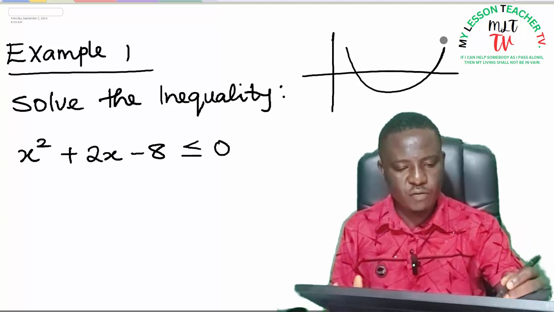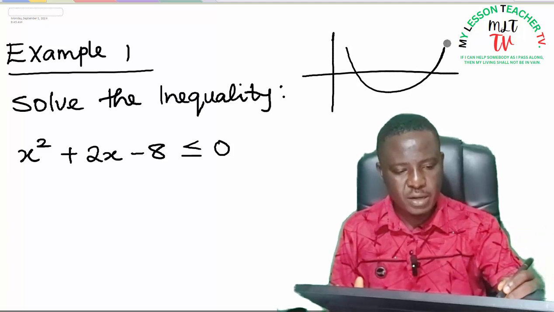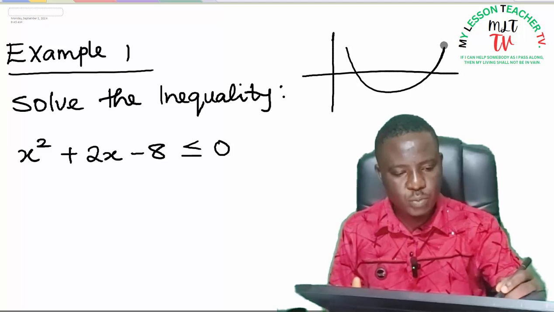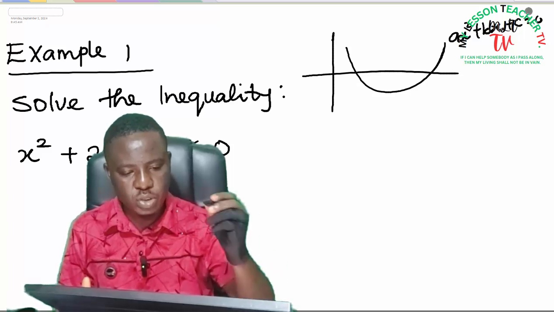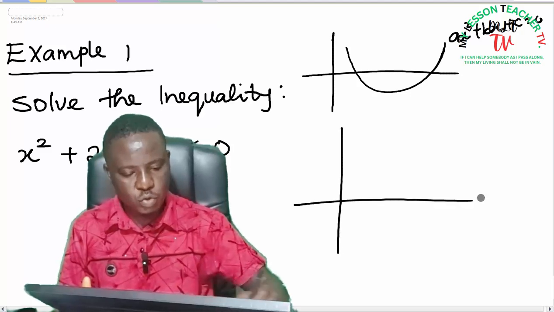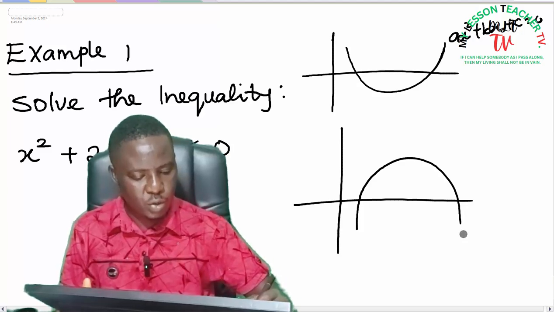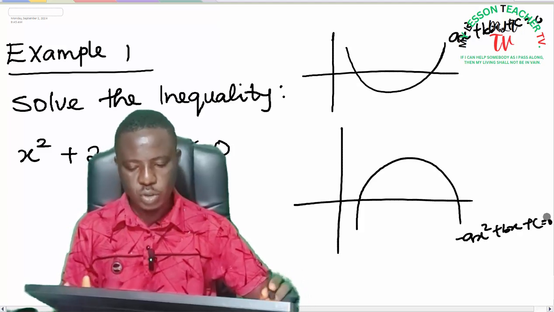As we discussed in SS2, for it to be a U-shaped graph, the coefficient of x squared must be positive, so you have ax squared plus bx plus c equal to 0. For the quadratic graph to be an N-shaped graph, you have the equation to be minus ax squared plus bx plus c is equal to 0.